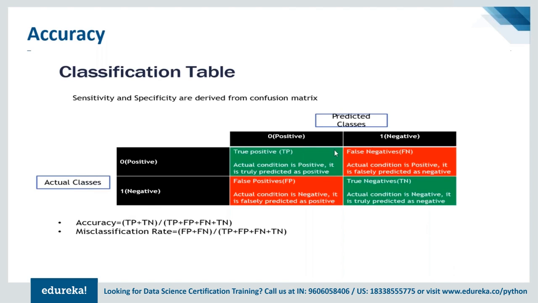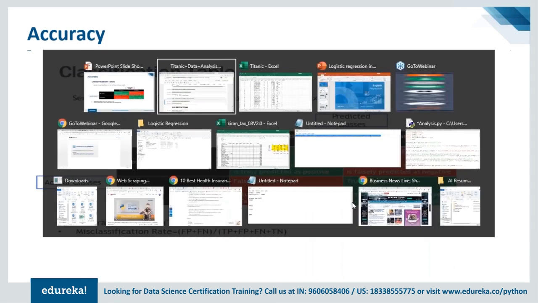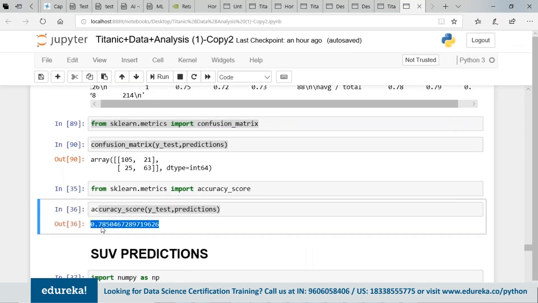Basically, the accuracy is the sum of these divided by the addition of all of them. So with that value, we get 76 or 78.5. So the accuracy of this model is just 78%.